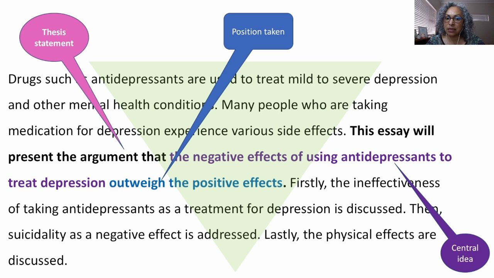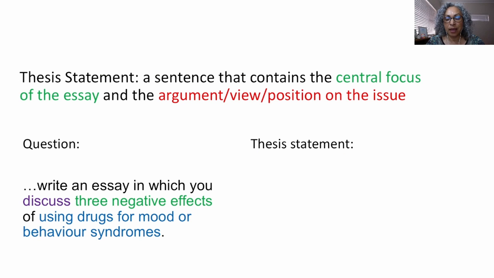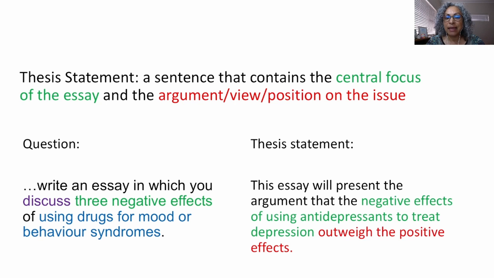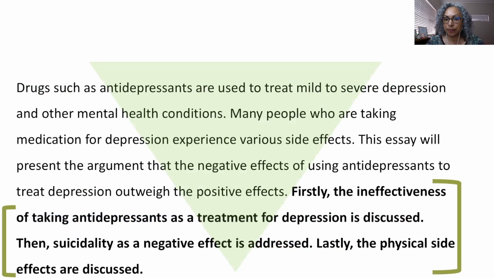This sentence is called the thesis statement. A thesis statement is a sentence in your introduction that contains the central idea of the essay and the view being taken on that central idea. In this case, the negative effects of using antidepressants outweigh or are greater than the positive effects.